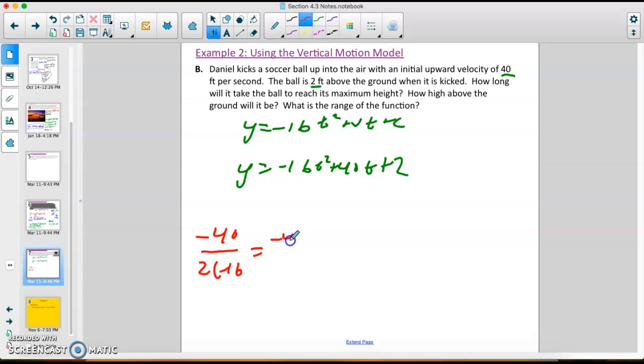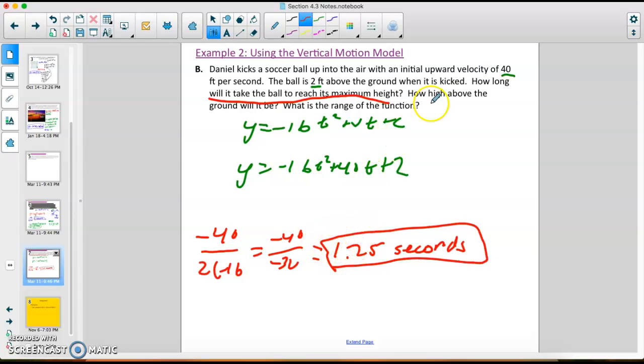That would be negative 40 over negative 32, which is a decimal, like 1.25 seconds. Okay, 1.25 seconds is how long it will take to reach its max height.